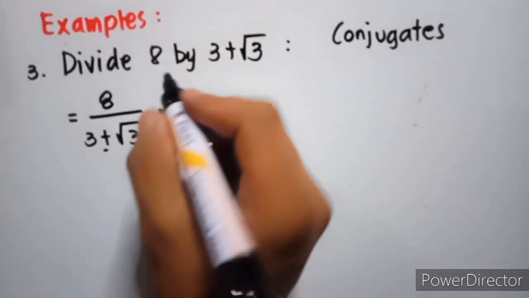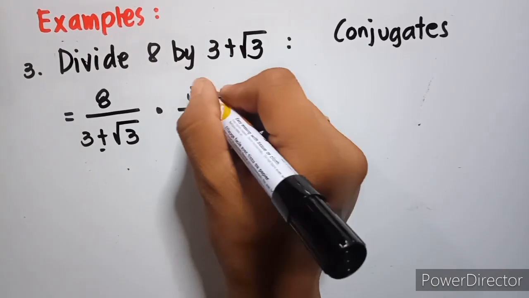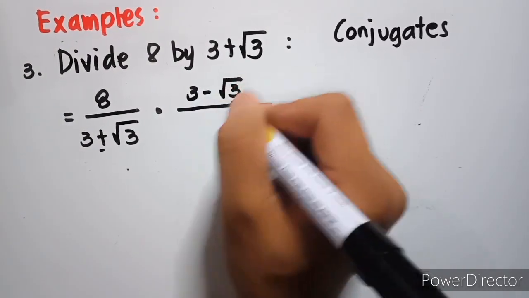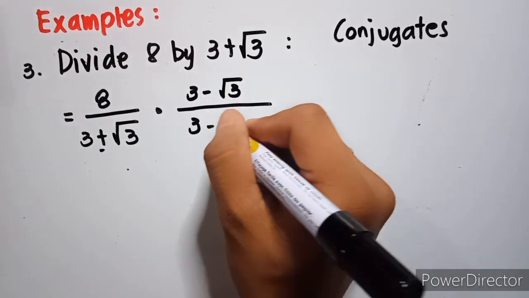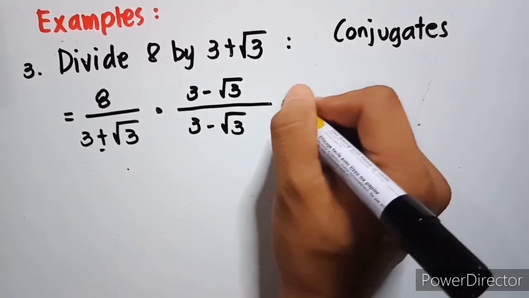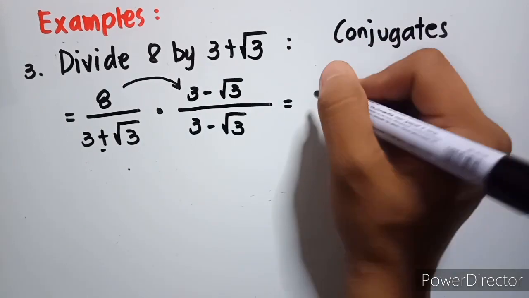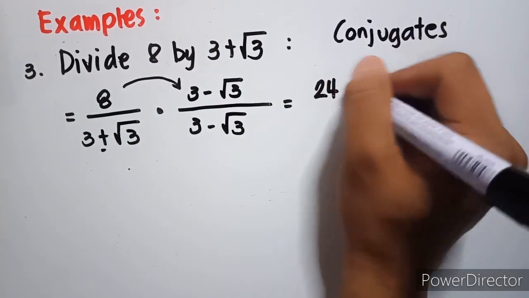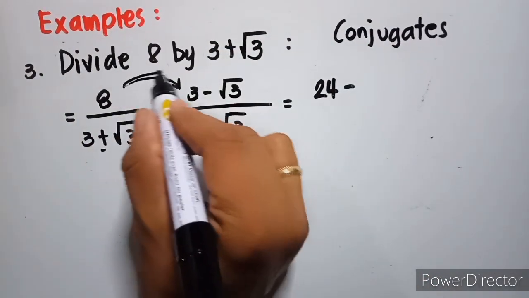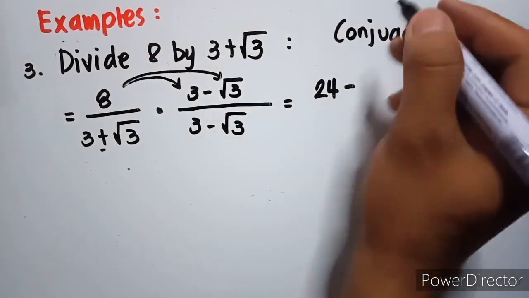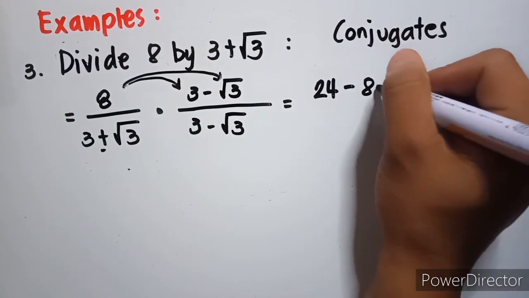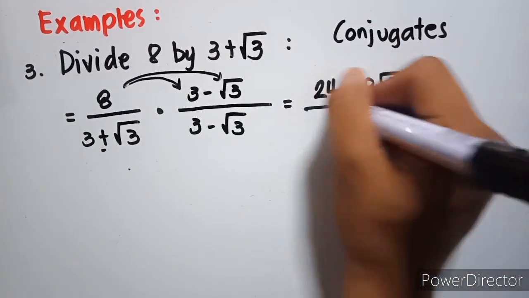So, this is plus, magiging siyang minus. So, 3 minus square root of 3 over 3 minus square root of 3 equals. Then, distributive. So, 8 times 3, 24, minus 8 times negative square root of 3, that is negative 8 square root of 3, all over.